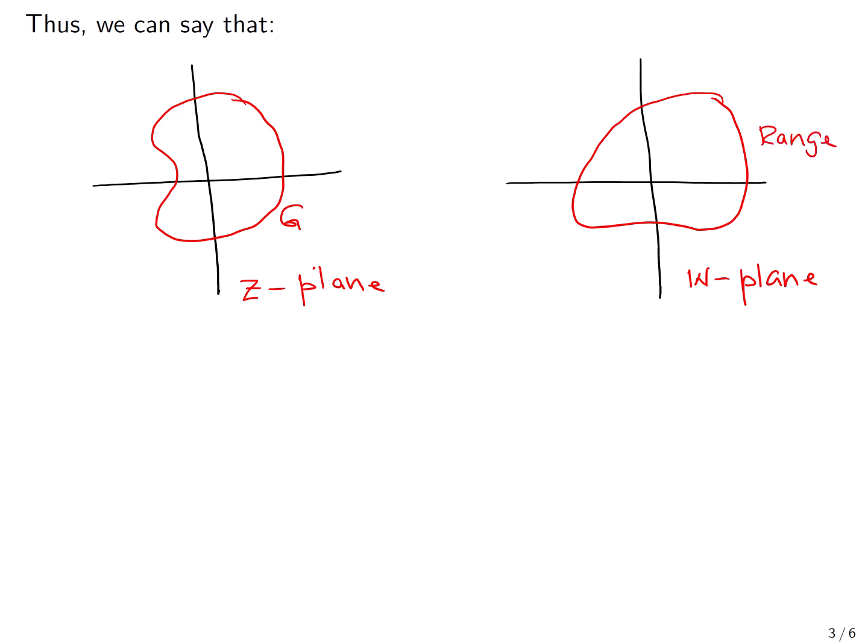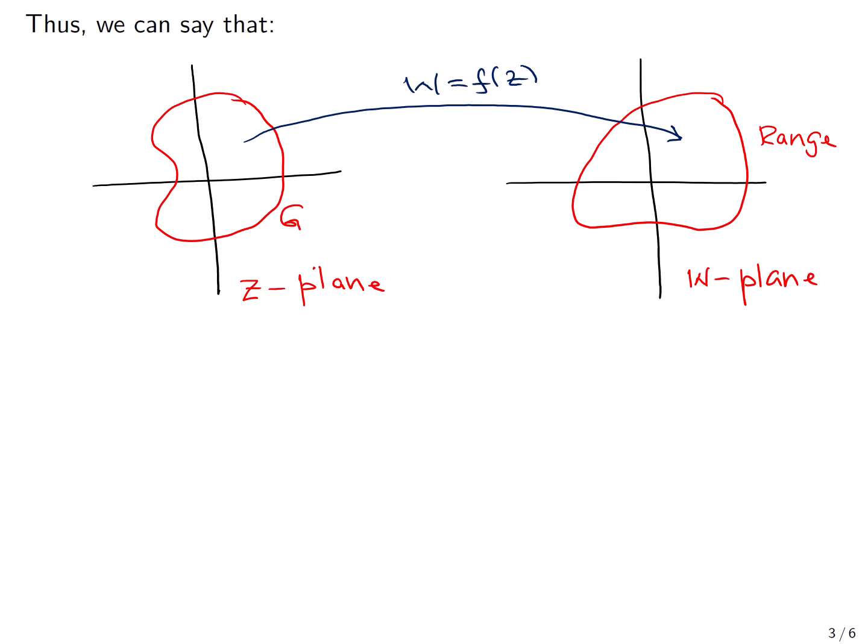So what will happen? The transformation is going to map the set G to the range. That's the transformation, the w function, which is f(z). It maps the set G to the range, so it's a map between the z plane and the w plane.